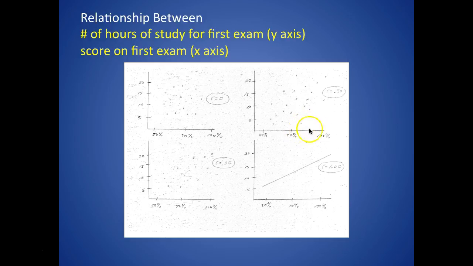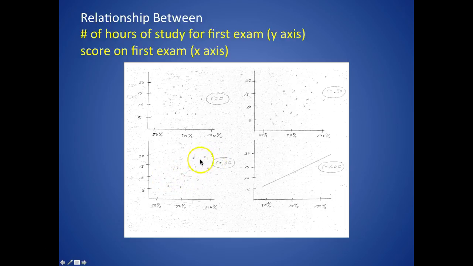Depending on how strong the correlation is, you might get something that looks like 0.3, where there's a general trend: more time spent correlates with a higher score. If it's an even higher relationship, you get, for example, 0.80.